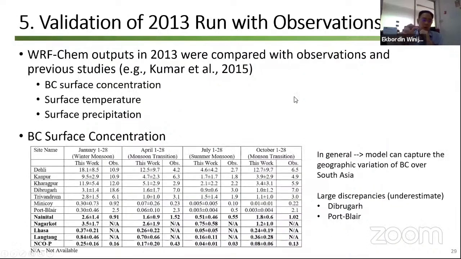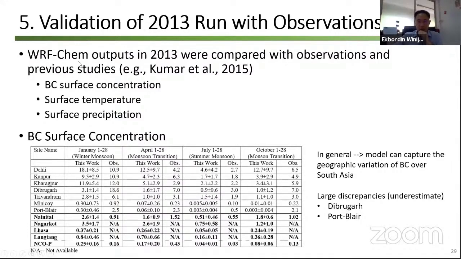Okay, so after I put those emission inventories into the model, I run the model. Before we can use the model to estimate the concentration, the first thing we need to do is validate the model. We validate the model with the observation data or the monitoring data, which is another tool that we use for air quality management.